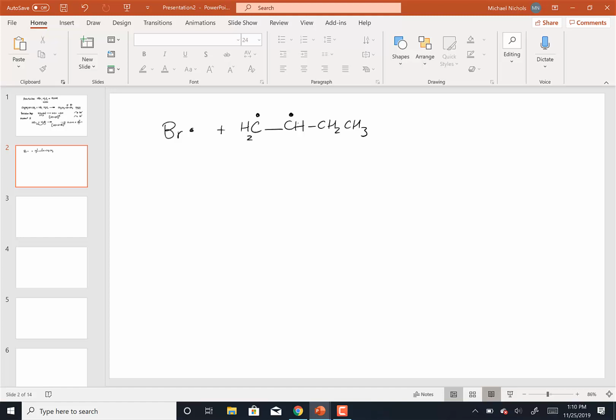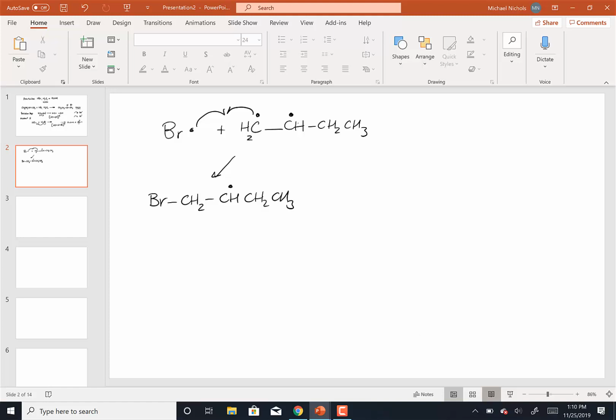But what happens is bromine can choose which carbon it wants to pair up with. So for instance, it could pair up its unpaired electron with the CH2. If it does that, we're going to form the bond to the CH2, and that's going to leave the CH with its unpaired electron.